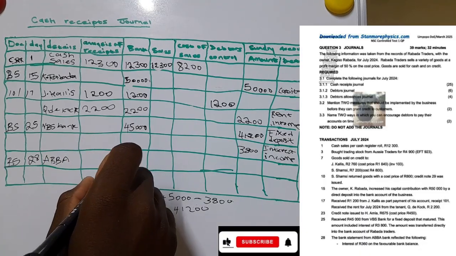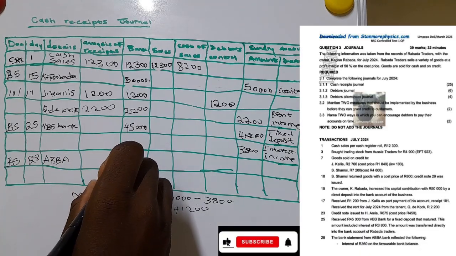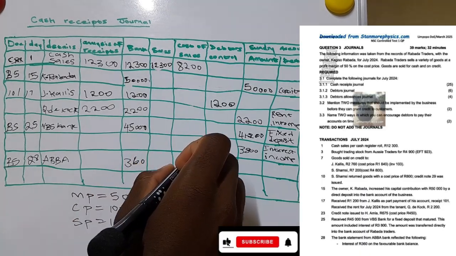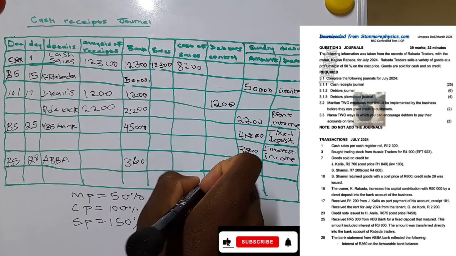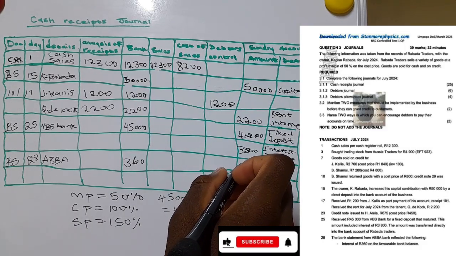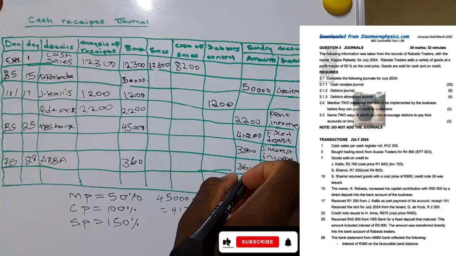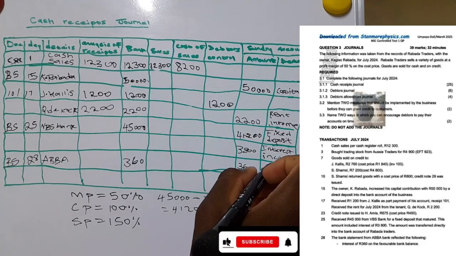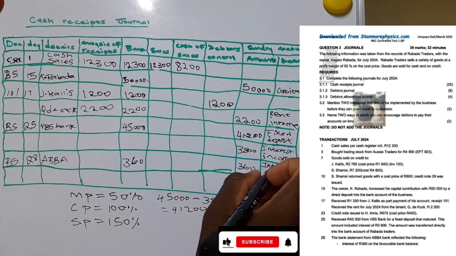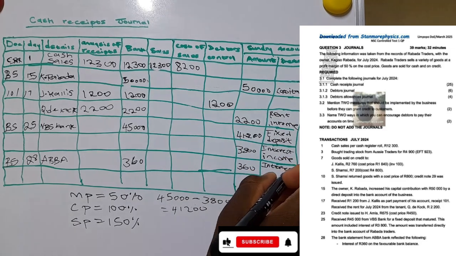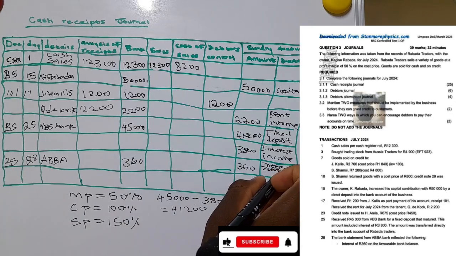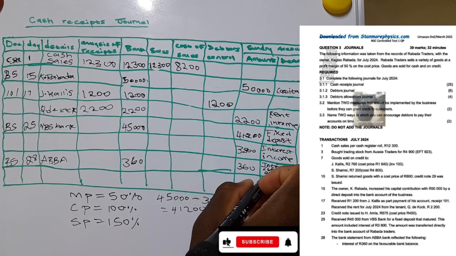So you're gonna record that money straight to the bank, which is 360. As you can see here, we don't have a column for the interest, so we're gonna record that amount on sundry account, which is 360. Then under details, you're gonna say interest. I don't have enough space here. Interest on current account.